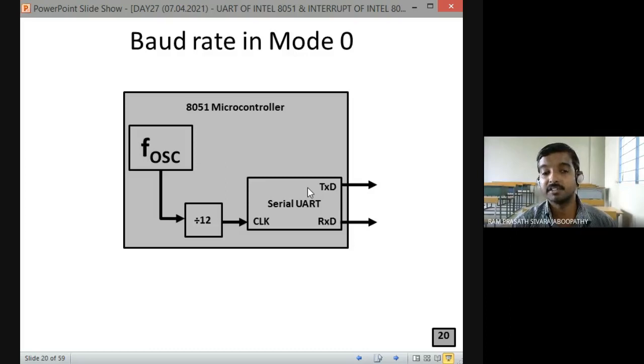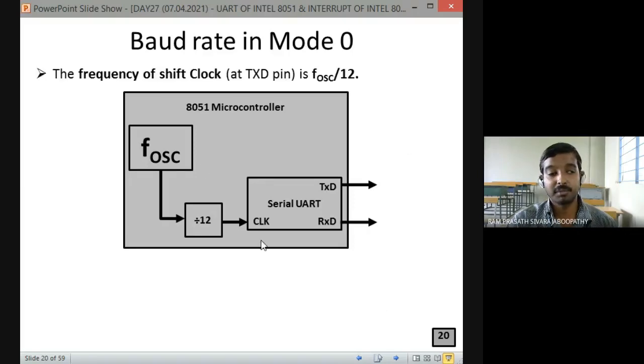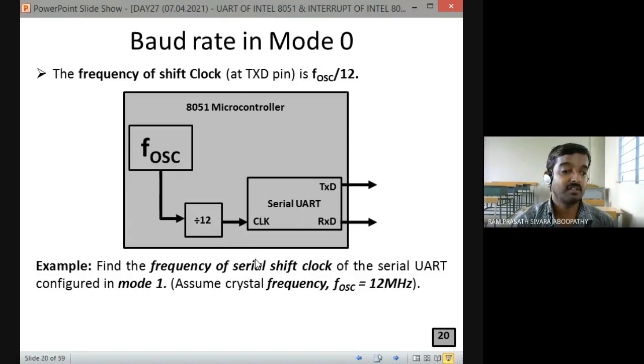So in this mode, baud rate value eppadi kandupidikka porom appdin pathina, baud rate is equal to FOSC divided by 12. That's all.